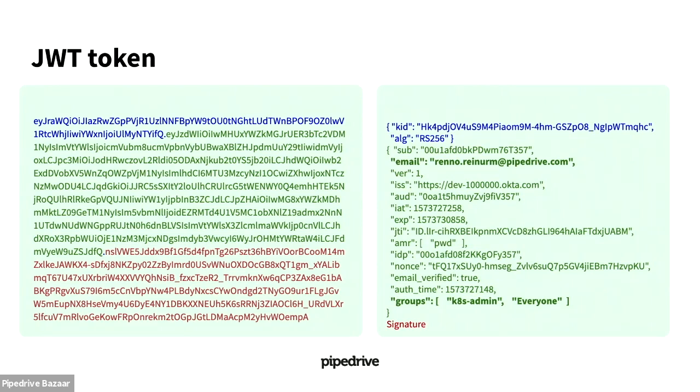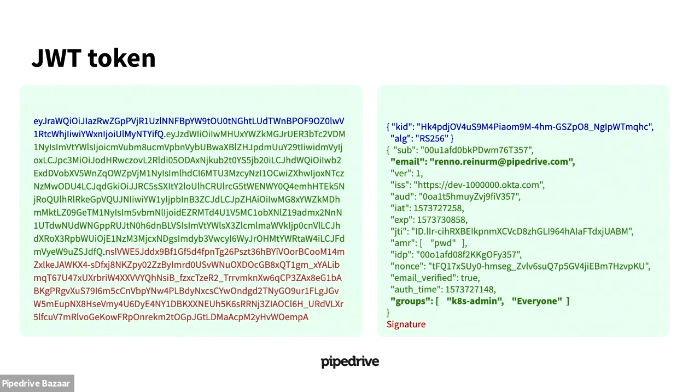First one tells which algorithm is used. I hope it's signing, if I'm not incorrect. But the most interesting part for me is the middle one. So you can configure what kind of data to send. In case of Pipedrive, we send email data, but you can also send the user first name and last name if you think it's necessary, or control that email is actually verified.